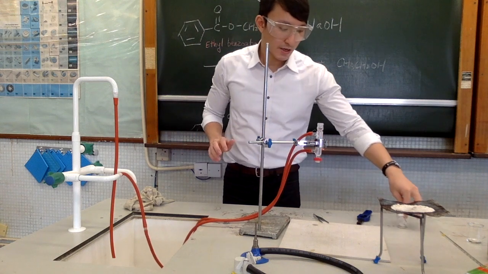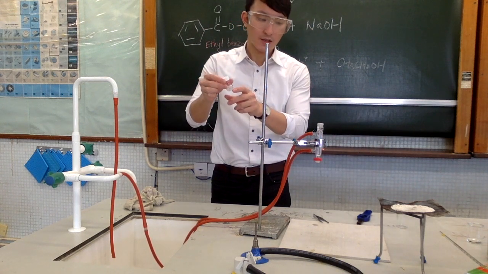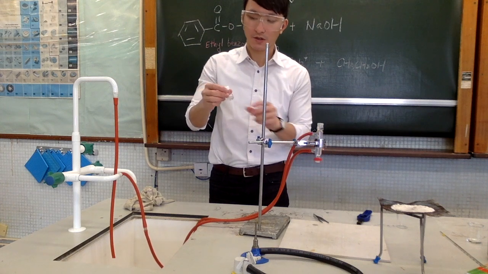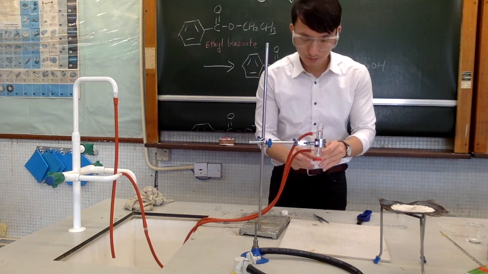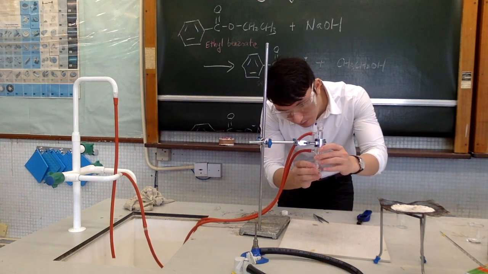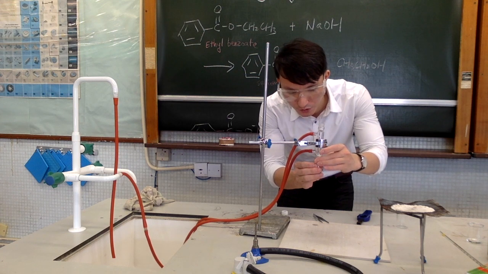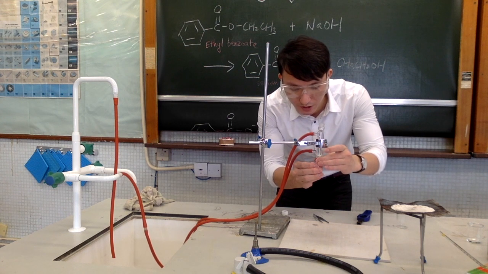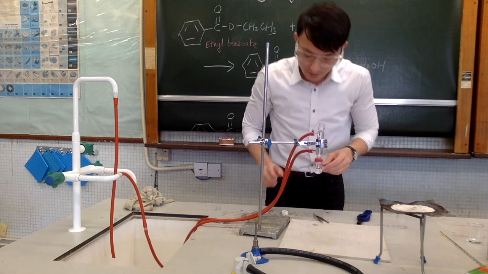Now, connect the round bottom flask that contains the reaction mixture to the reflux condenser. There is a rubber screw. Make sure you secure the round bottom flask tightly.